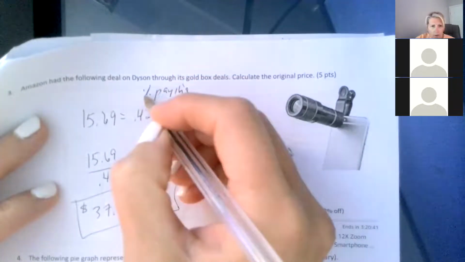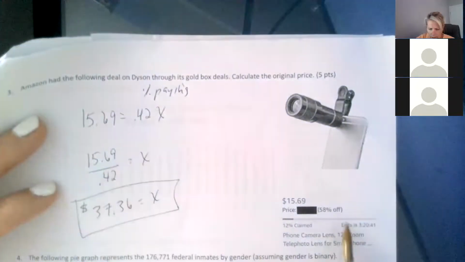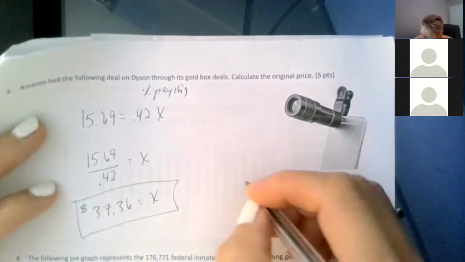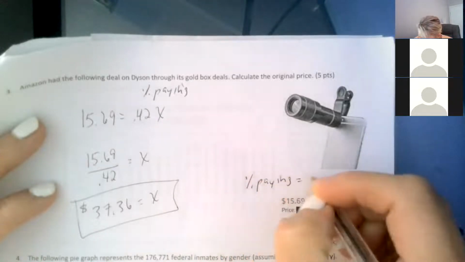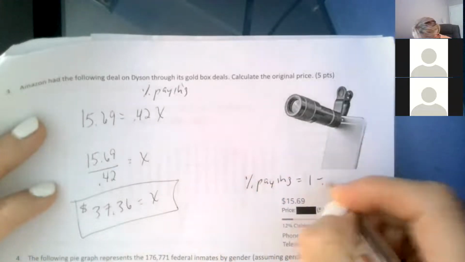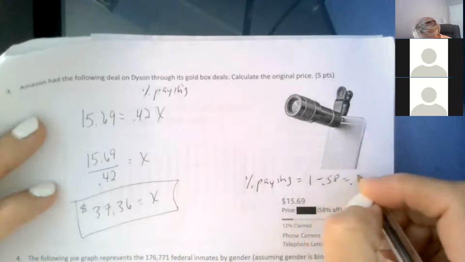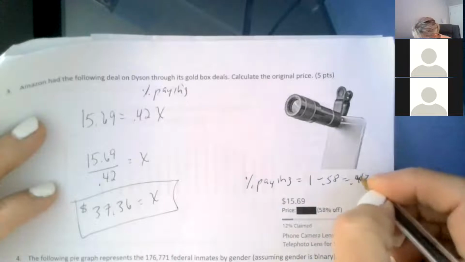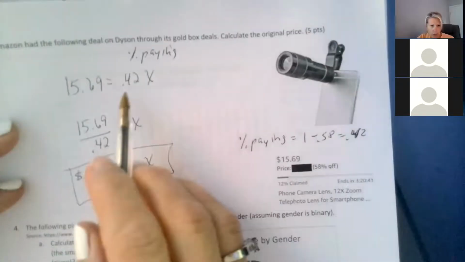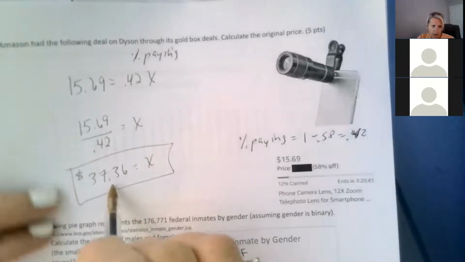And so we're paying 42% of the price because it's 58% off. So the percent that we're paying is equal to 1 minus the 0.58, which is 0.42. Okay, and then we have to divide by that 0.42 to get $37.36.